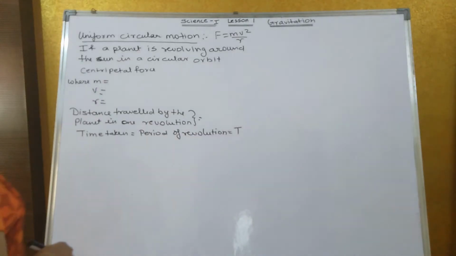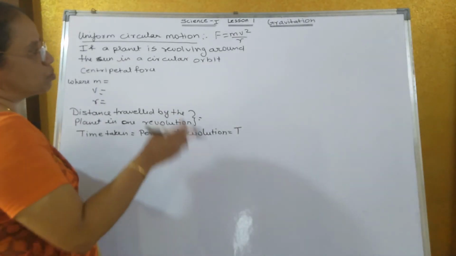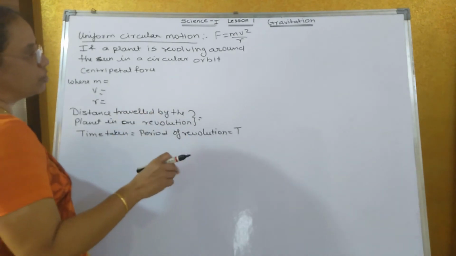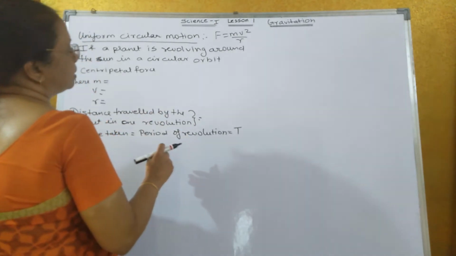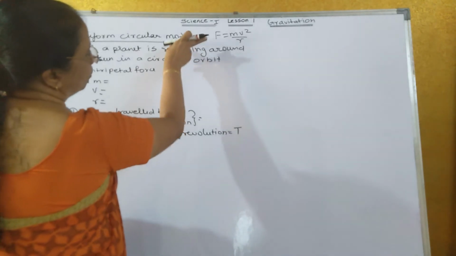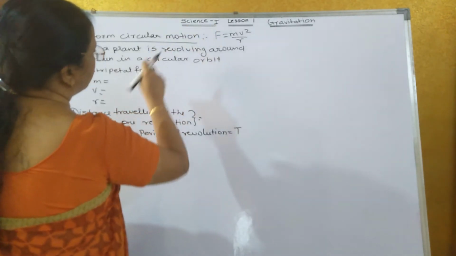Now supposing an object of mass m is moving in a circular motion with constant speed, and the radius of the circle is r, then the force is equal to what? mv square upon r.